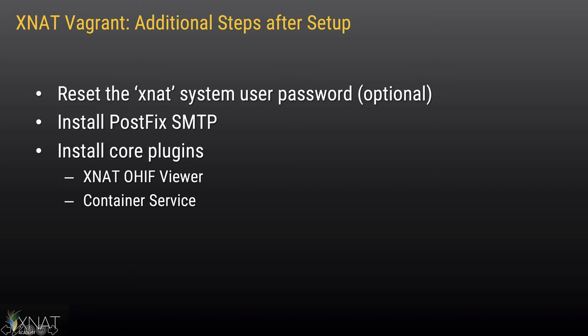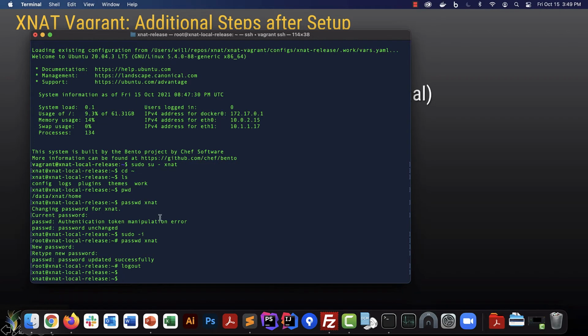The next thing we can do is install the postfix SMTP, and this is a useful tool because XNAT does not come pre-installed with an SMTP server. But this postfix utility lets you set one up quickly. And as we've documented in the XNAT documentation, you can use Google's Gmail as an SMTP server.